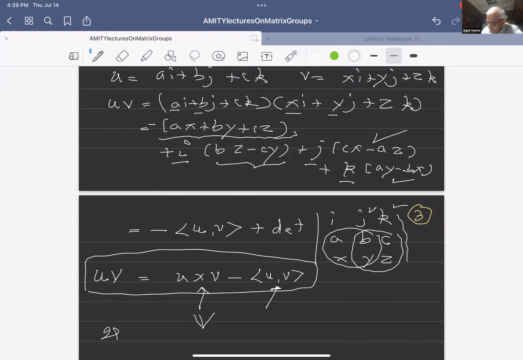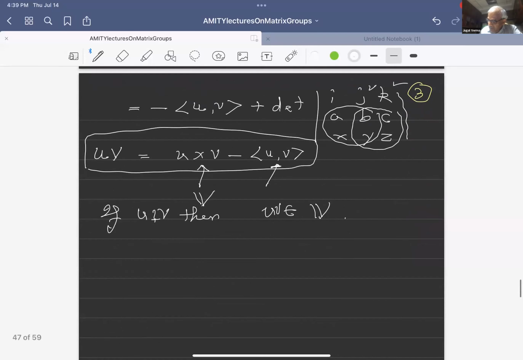So if U and V are perpendicular, then and only then UV also belongs to the imaginary quaternions. So the product of imaginary quaternions need not be an imaginary quaternion. But if those two quaternions are perpendicular, then and only then is the product going to be an imaginary quaternion, and it is going to be the cross product.